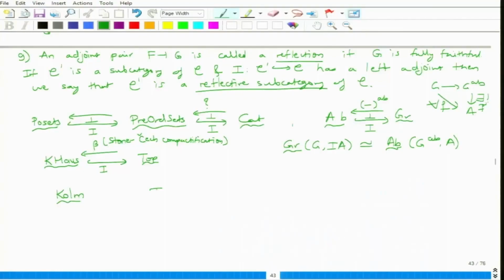So topological spaces which satisfy the Kolmogorov property embed inside this, and obviously you have a corresponding left adjoint where you identify topologically indistinguishable points.